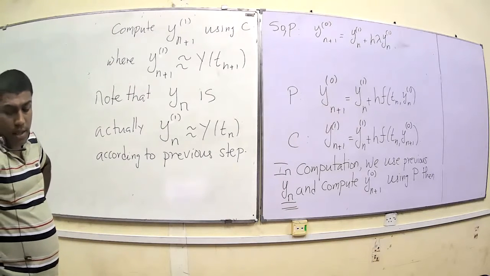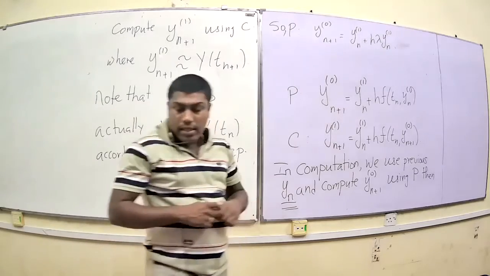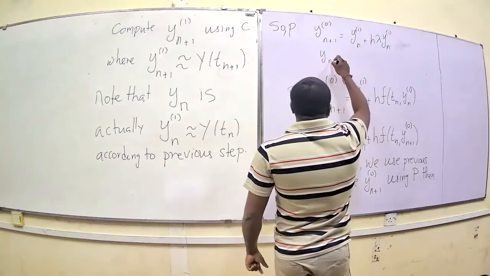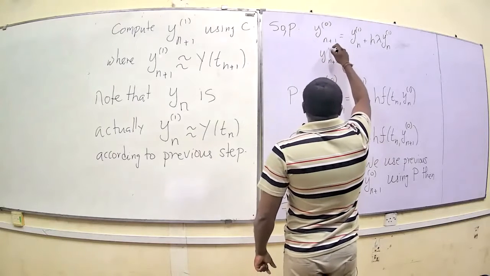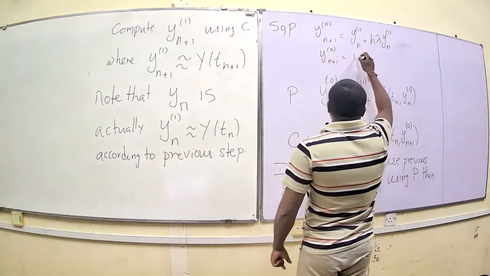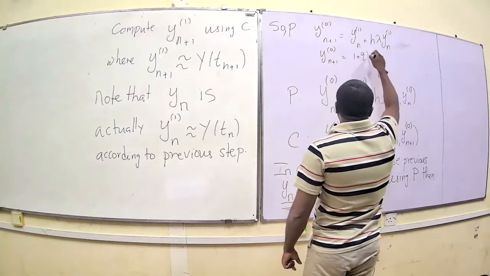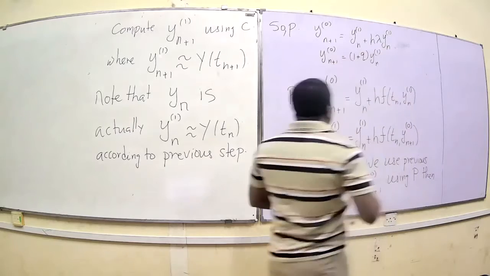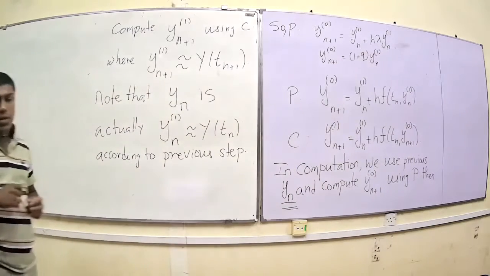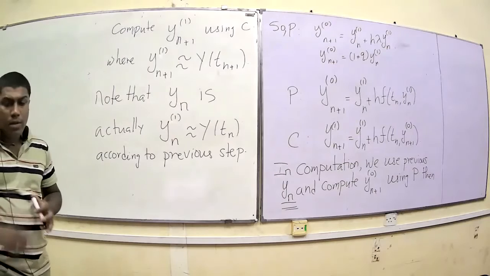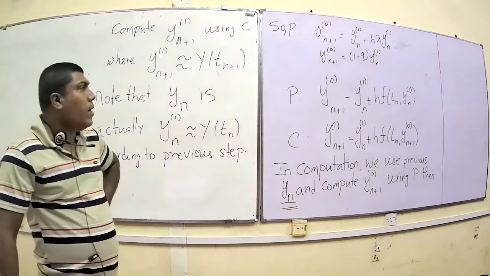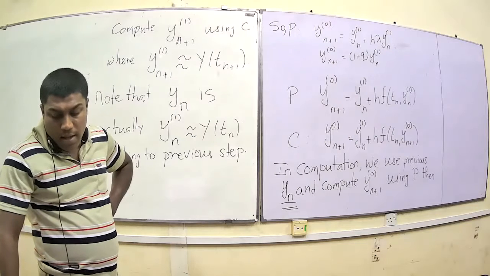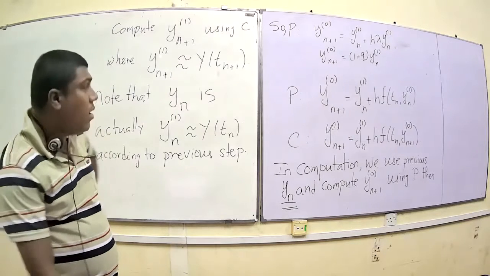Then obviously h lambda is q, so you have yn plus 1 0 is equal to 1 plus q times yn1. That is what you have as the predictor method.